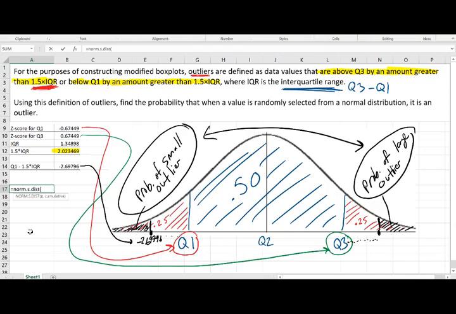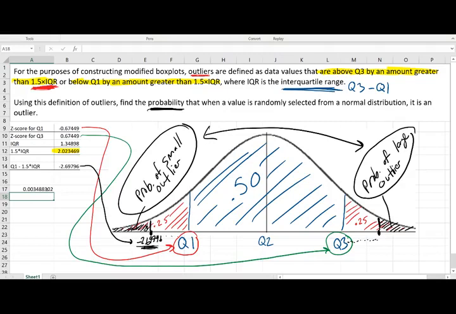The goal of this problem is to find probability. Okay, so we have our z-score. So right here, cumulative, yes, we always say yes for continuous distributions. Okay, and that is almost it. That's the area to the left of this z-score, or this is the probability.